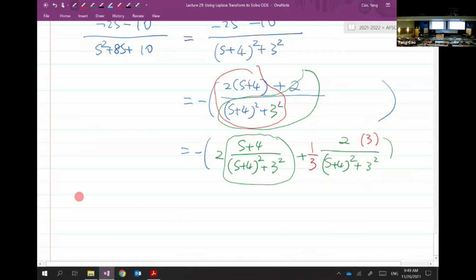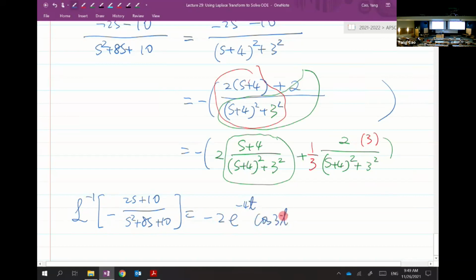So then the inverse Laplace of negative 2s plus 10 divided by s squared plus 8s plus 10. You look at these two terms, the inverse Laplace should be negative 2. The first term is e to the power negative 4t and cosine 3t, so cosine omega t.